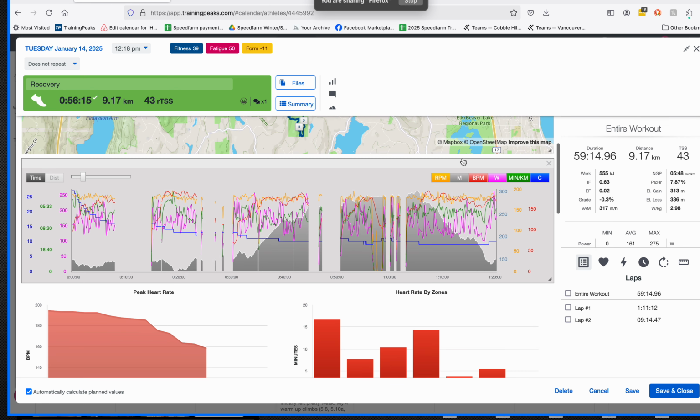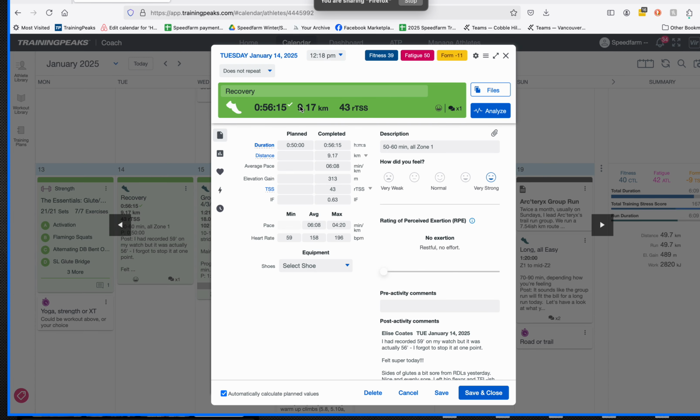But let's just say one of the ways this falls apart is trail running, typically. Trail running, normally, even trail hiking, will really underestimate the training stress of a run, because the pace is so low. I think you're multiplying by a really small intensity factor.